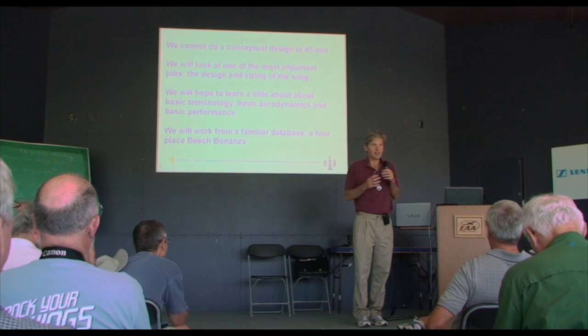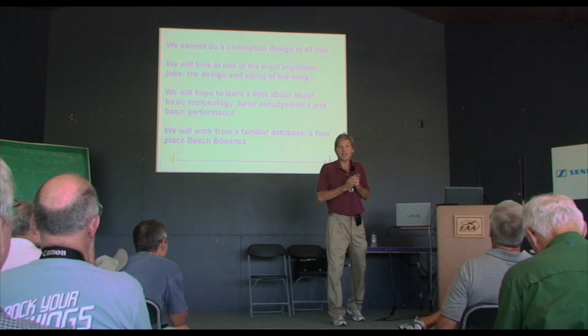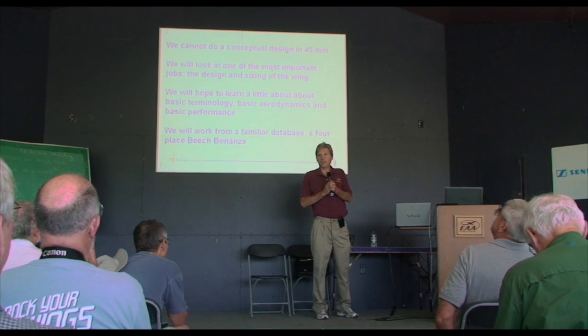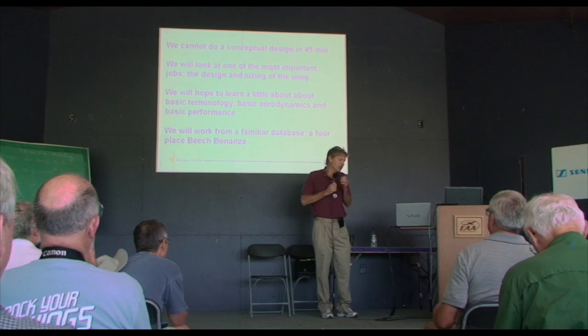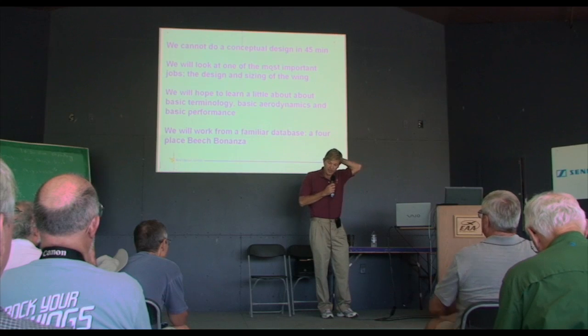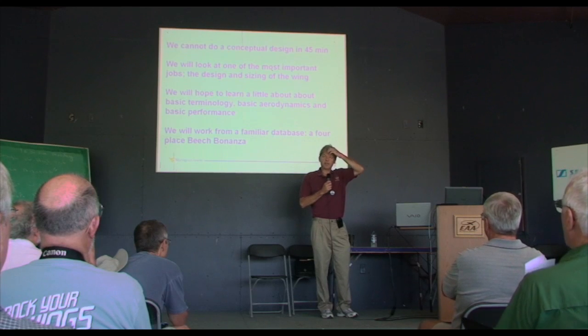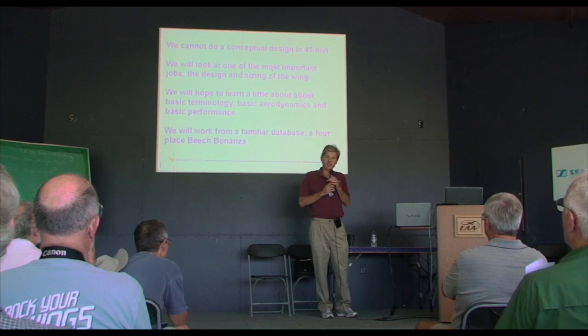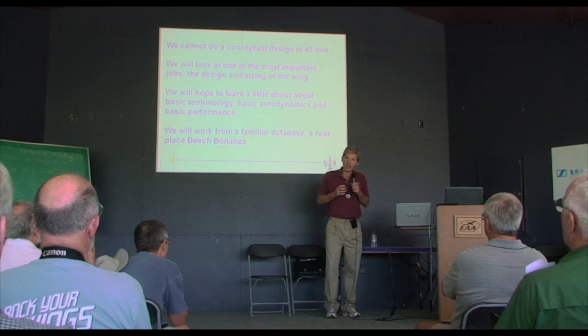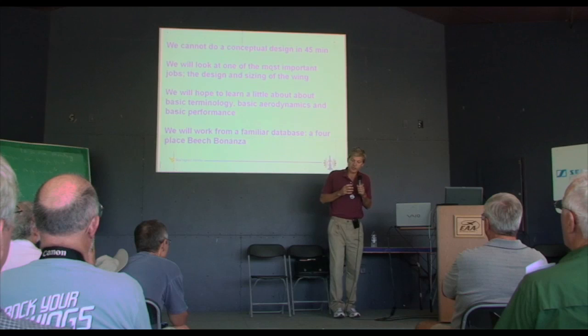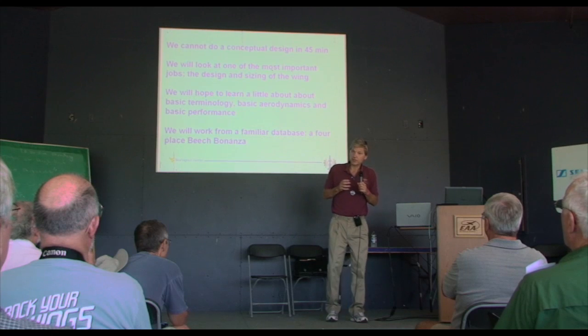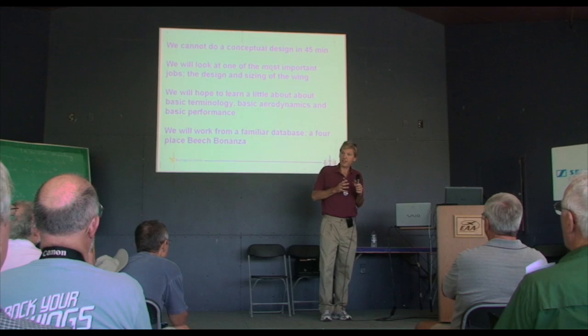There's a lot of data available on it, and I thought we could use it. Now, the approach is going to go something like this. I take an older model, actually a B model, and we're going to assume that we want to maintain, for our mission requirements, the same useful load as this B model 35 Bonanza.